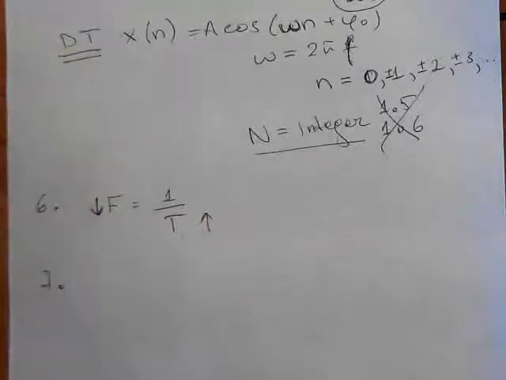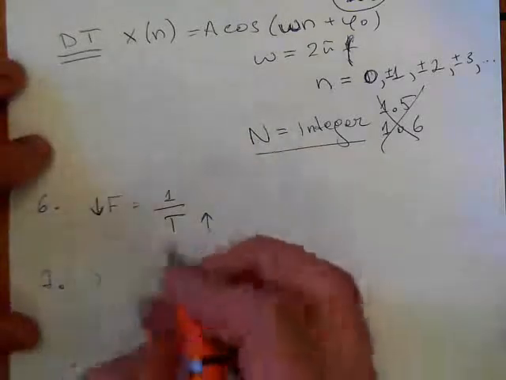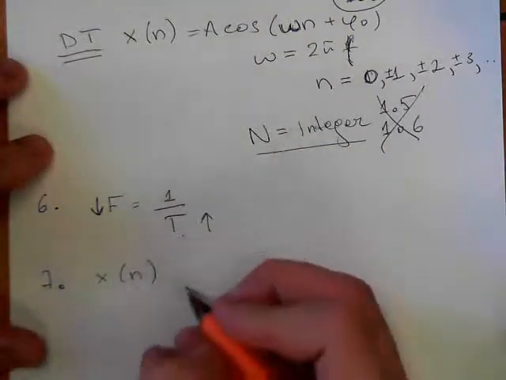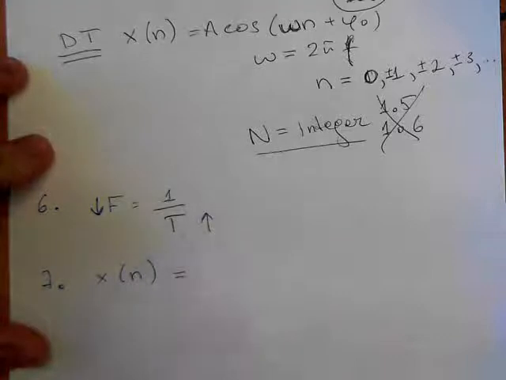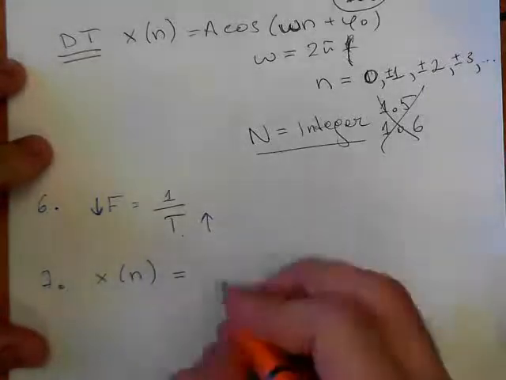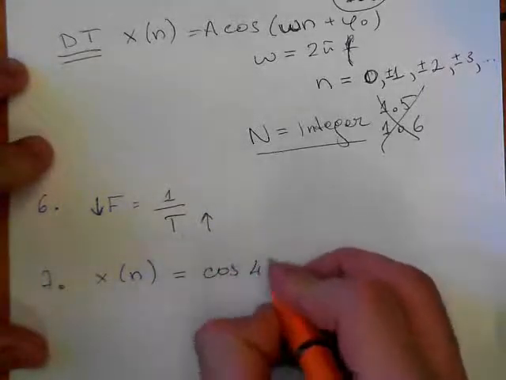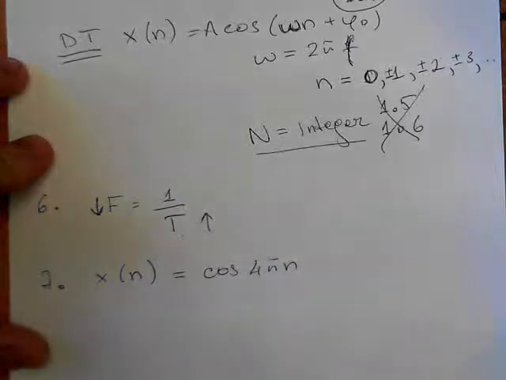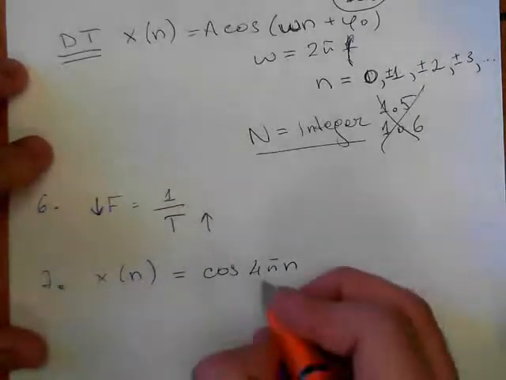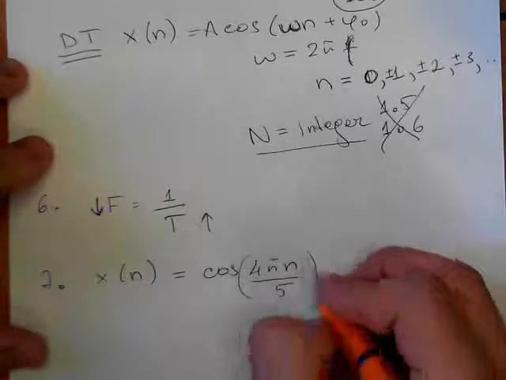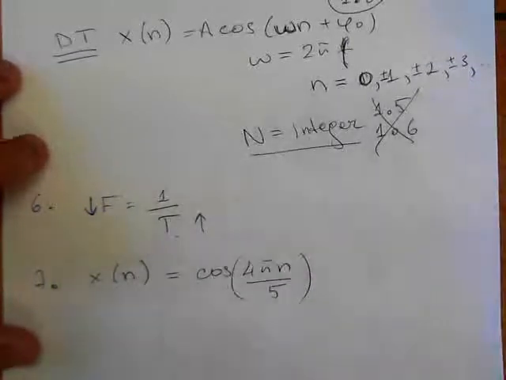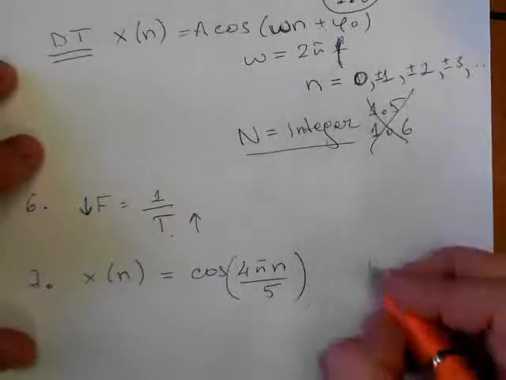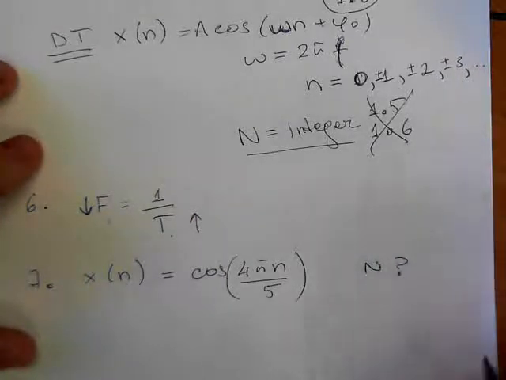Question number 7. This is an exercise. We have a discrete time signal x[n] = cos(4 pi n divided by 5). We need to determine the period. What is the period N?